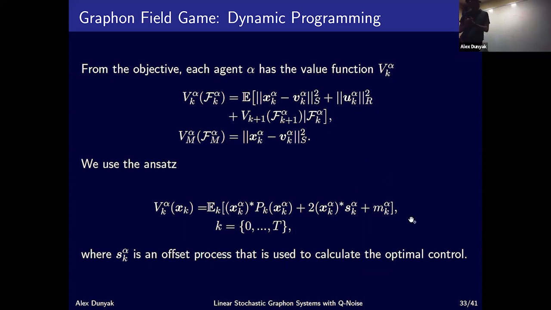We make the ansatz that there's some local term multiplied by this p_k, which is a one-dimensional term, plus some quadratic parts of x_alpha acting against this offset s_alpha, plus some constant offset. So the important part is we need to find this offset process S_alpha to calculate the optimal control.